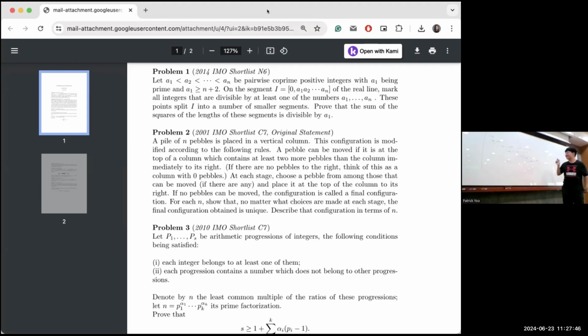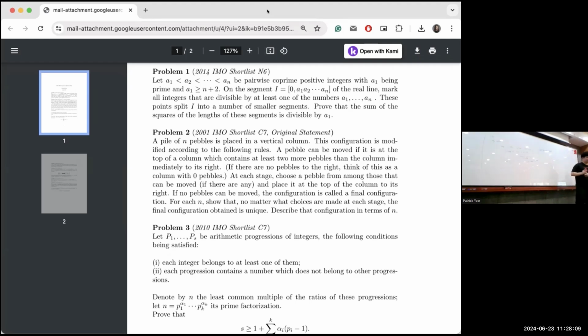And what this motivates us to do is, since we have reduced this problem to a smaller number of pebbles, we can use induction on the number of pebbles to prove that the final configuration must be triangular for all n. So we claim that the final configuration must be triangular.